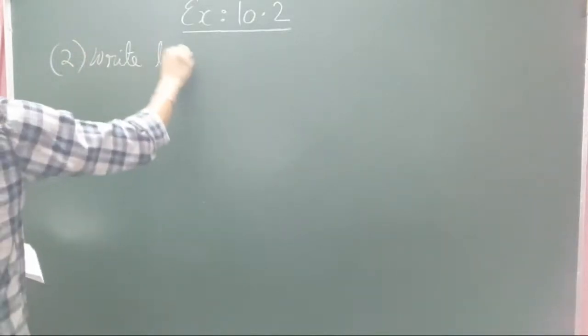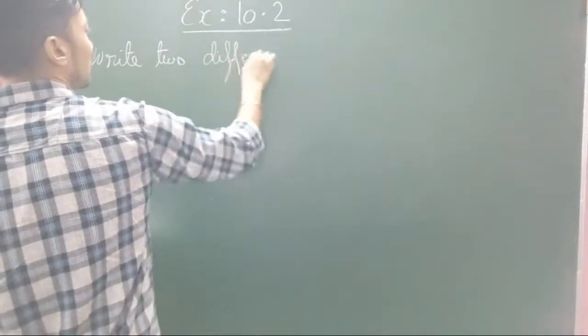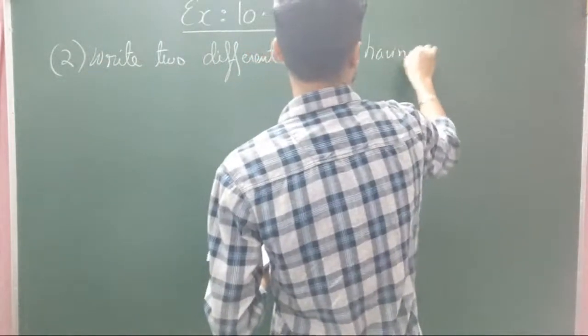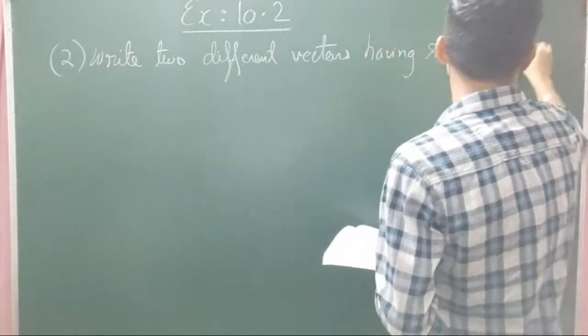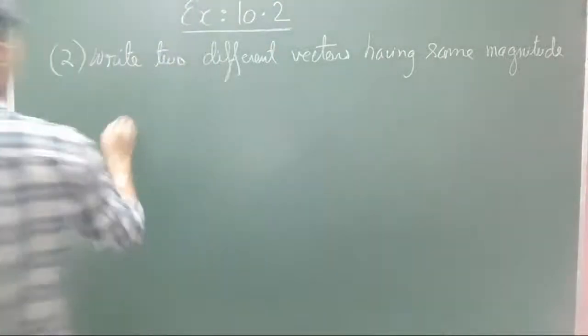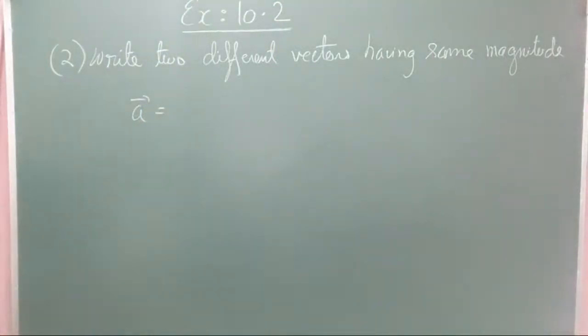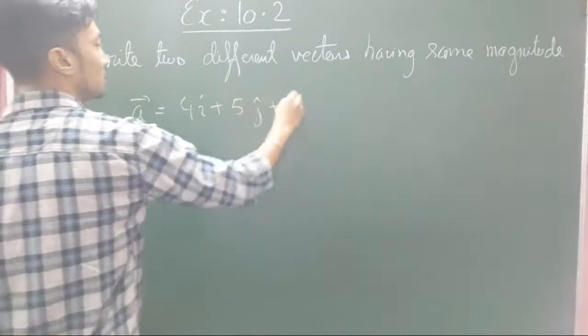Write two different vectors having the same magnitude. There are many possibilities. Vector A is 4i plus 5j plus 3k.